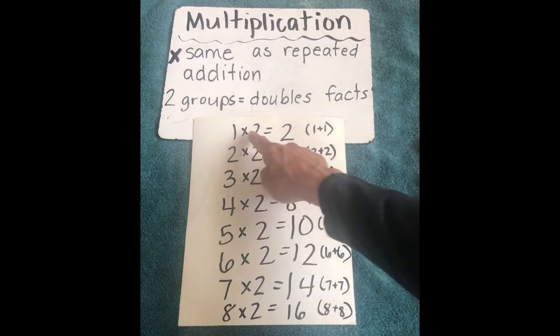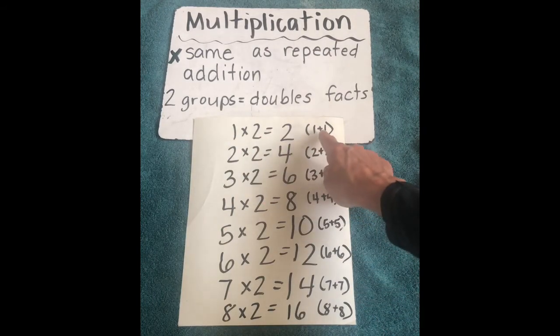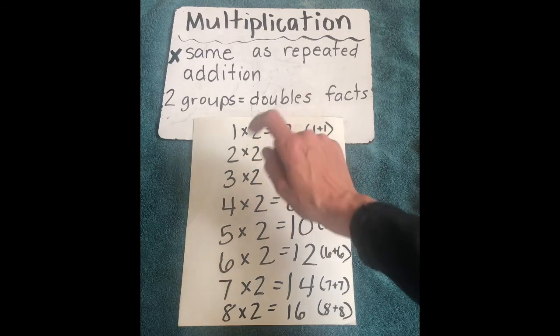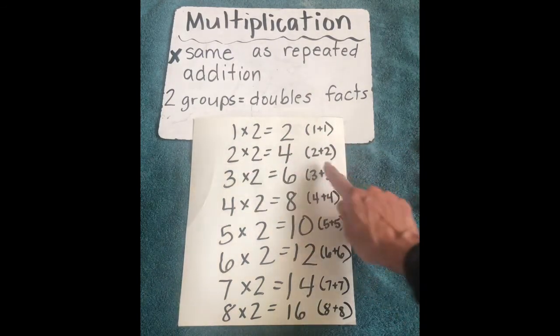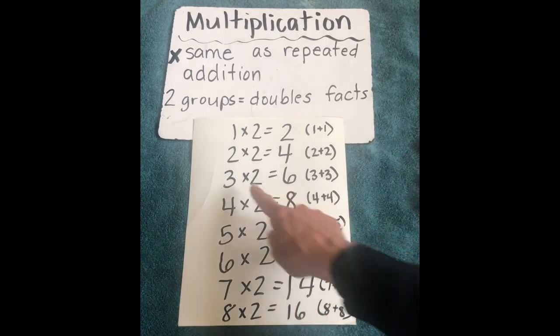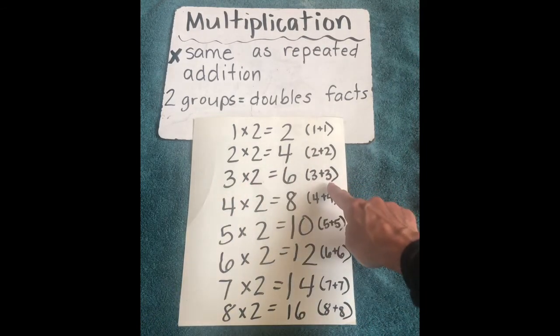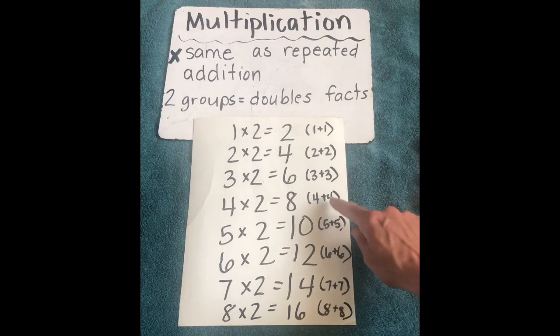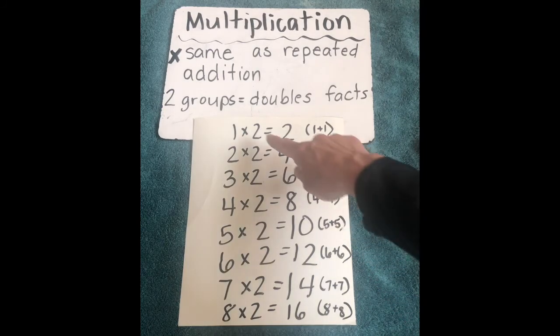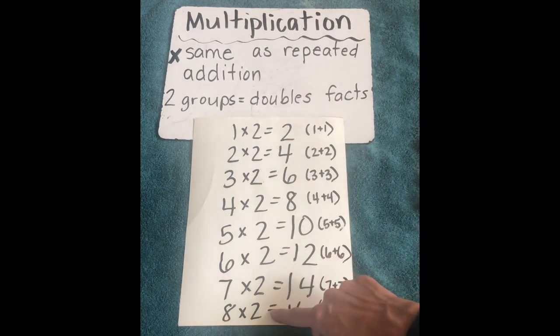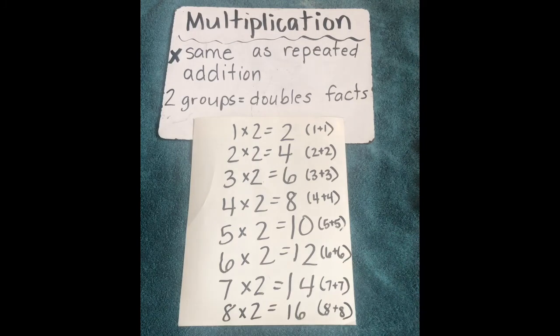So if I had 1 times 2, that would be like having 1 in each group. That would be 2, and that's 1 plus 1. 2 times 2 is the same as 2 plus 2. 3 times 2 is the same as 3 plus 3. 4 plus 4, 5 plus 5, 6 plus 6, 7 plus 7, 8 plus 8. So anytime you're trying to multiply or times anything by 2, it's that number's doubles fact.